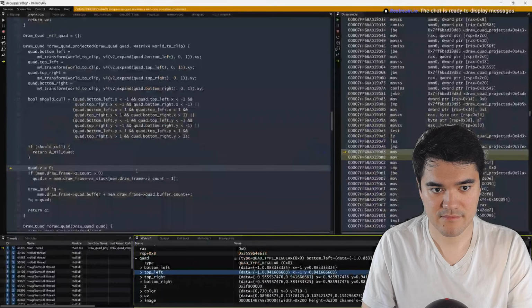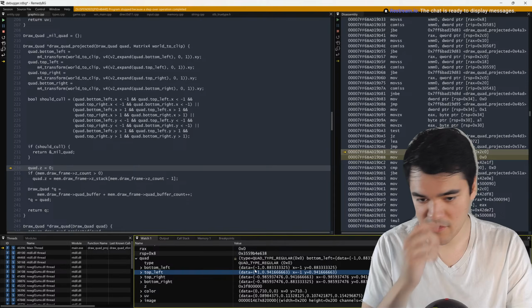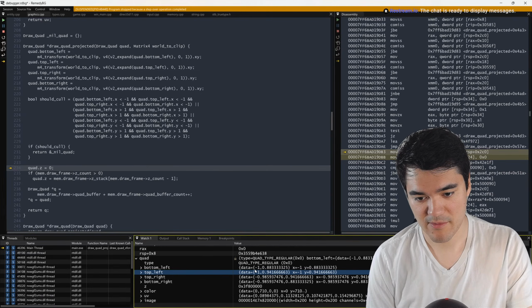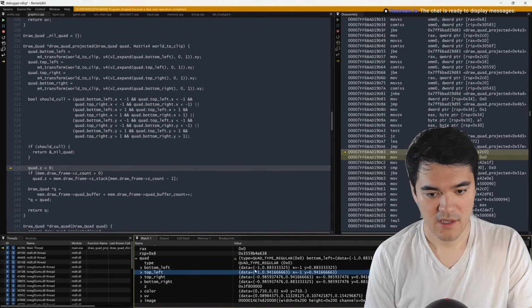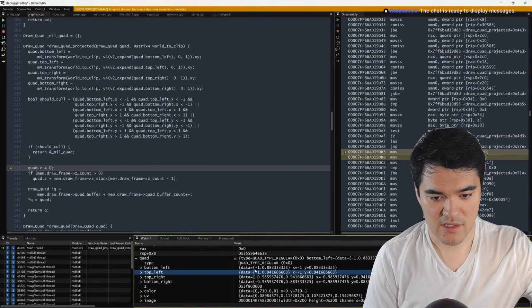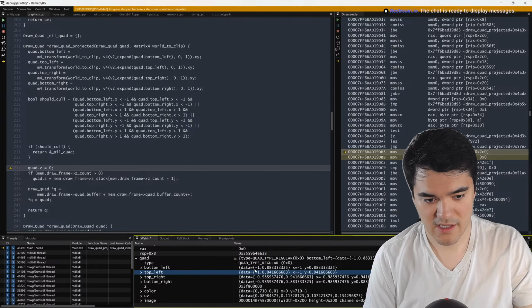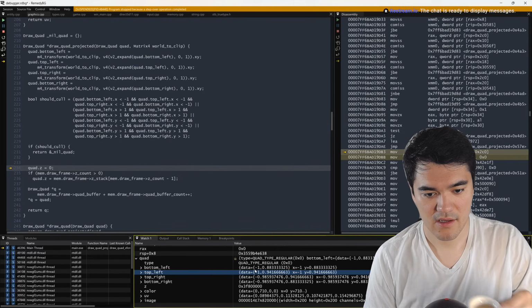So if we look at this, those are both -1. Bottom left is lower than top left. That's good. And then top right is, yeah, a little less, like so. Okay.